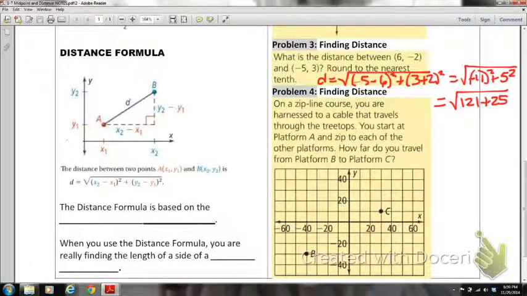So you're always going to get a positive number underneath your square root sign, because you can't take the square root of a negative number in the real number system. So you're always going to end up with a positive number, which here is the square root of 146. If you take the square root of that, this is going to be approximately 12.1 units.